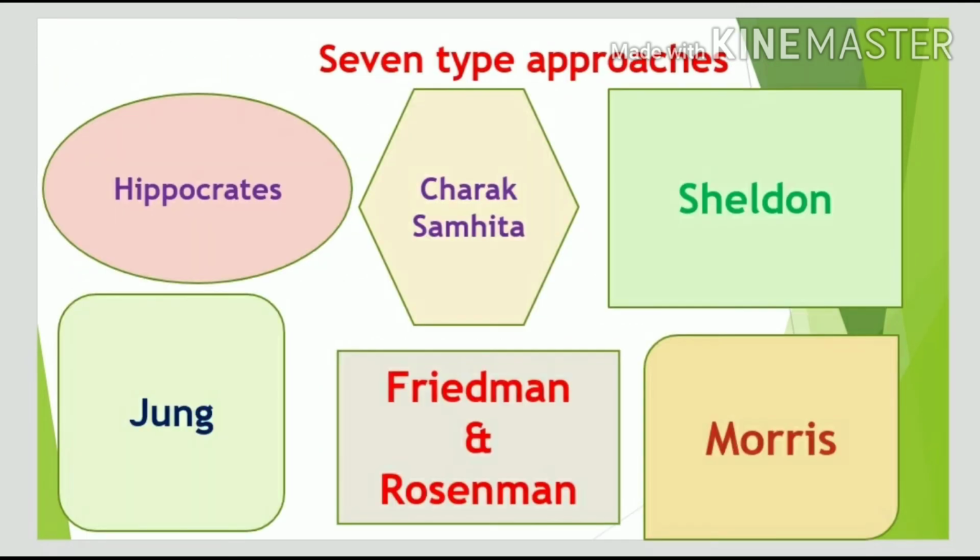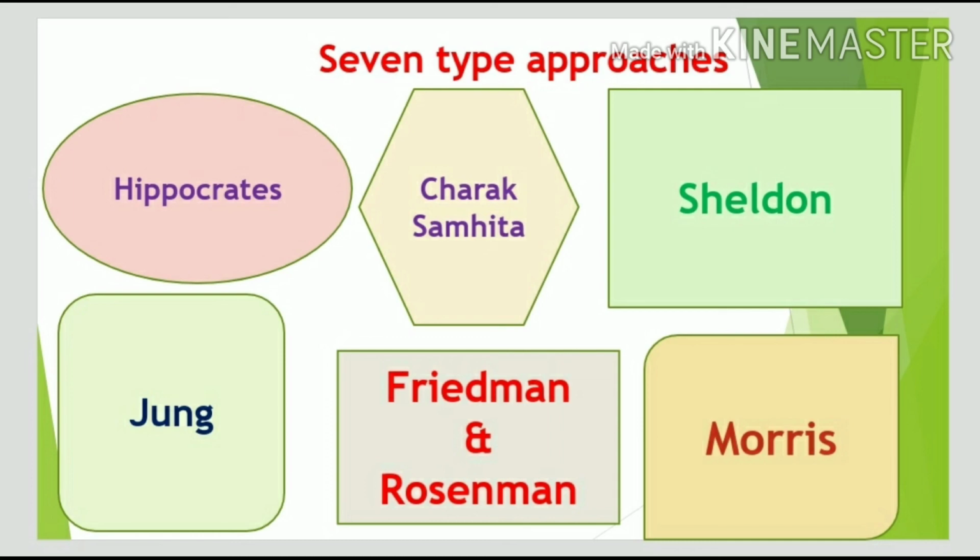Now, if we recapitulate, we have done 7 type approaches. And the first type approach was given by Hippocrates, in which he classified human personality into 4 types on the basis of bodily fluid or humor. And the 4 types are sanguine, phlegmatic, melancholic, and choleric.